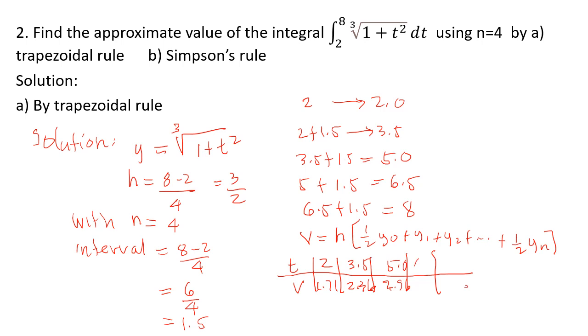When t is 6.5, 3.51. When t is 8, it is 4.0. So you have the table of values, and we have to substitute that here.